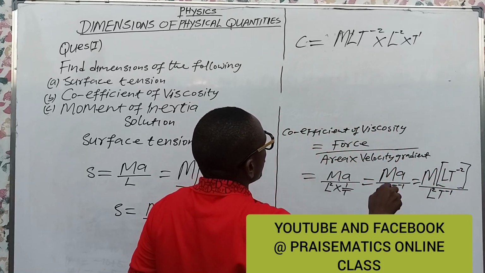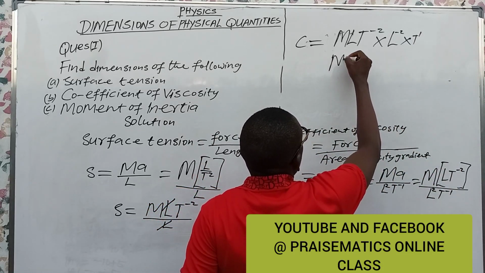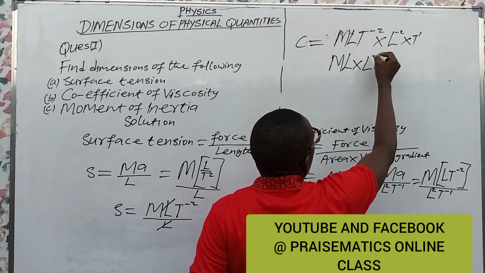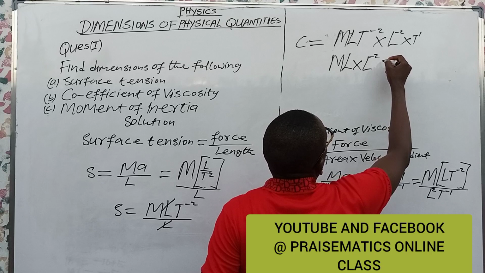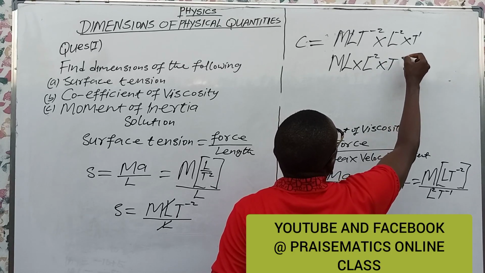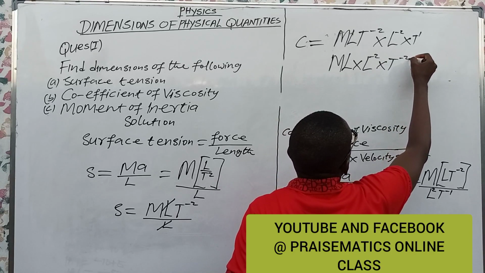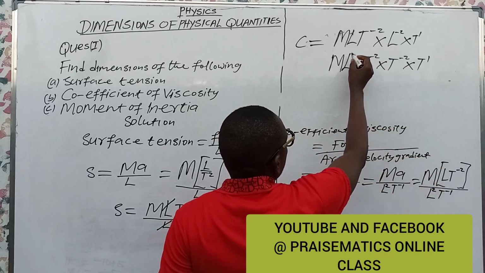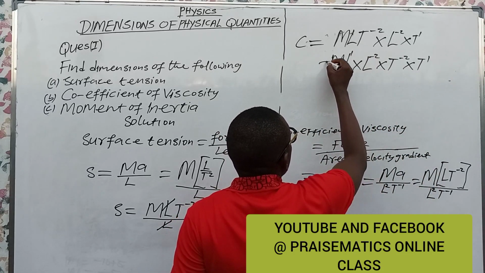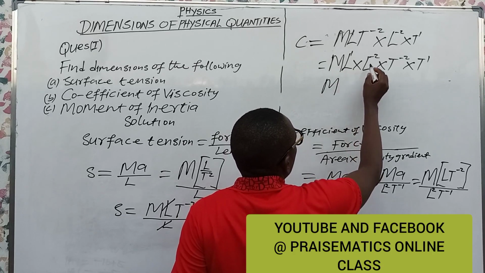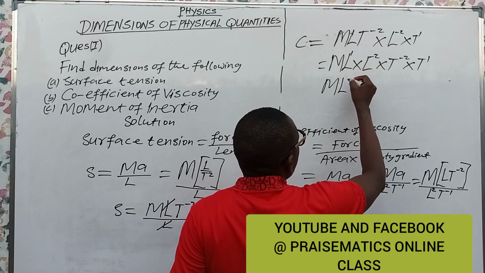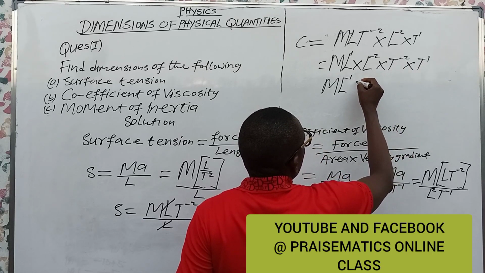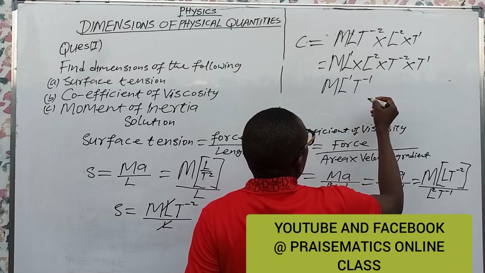By the law of indices, you operate on this. This is the same thing as M times L raised to power minus 2 times T raised to power minus 2 times T raised to power 1. By the law of indices, this to this will give us L minus 1, and this to this will give us T minus 1.